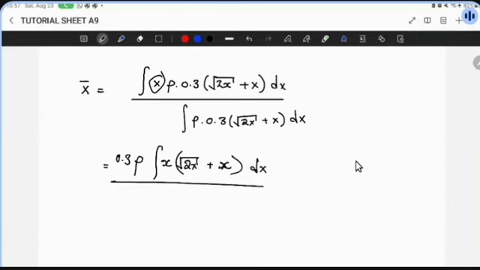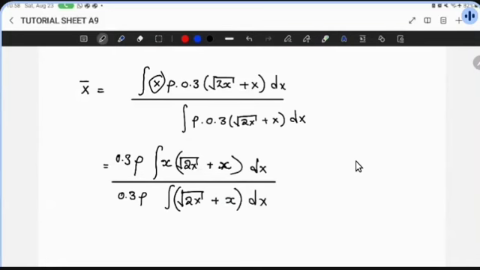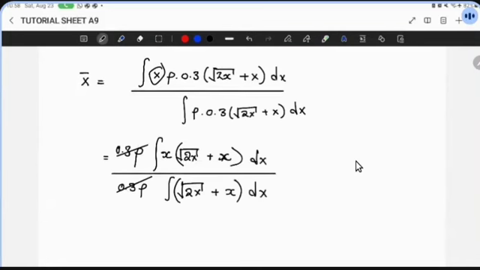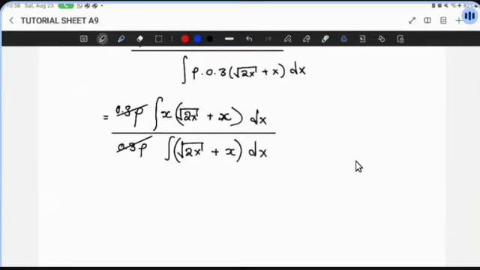In the denominator, we also have the density and the 0.3. Plus the x there again. Clearly, the 0.3 in density will cancel out. This is why in most cases, you would not even need to have that density there because it always cancels out.